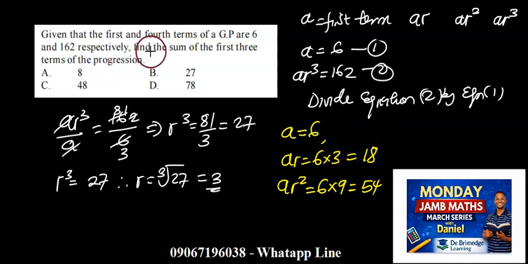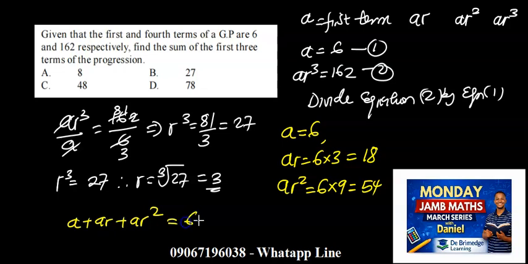So now we are told to find the sum of the first 3 terms. This is the first term, second term, and third term. Sum of first 3 terms is going to become A plus AR plus AR squared.